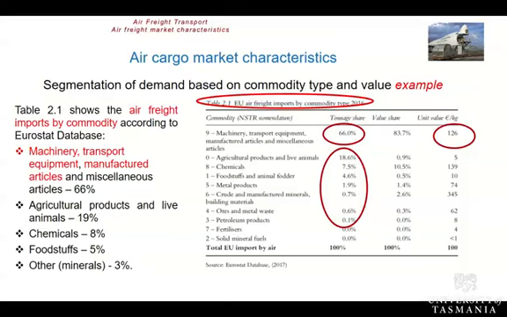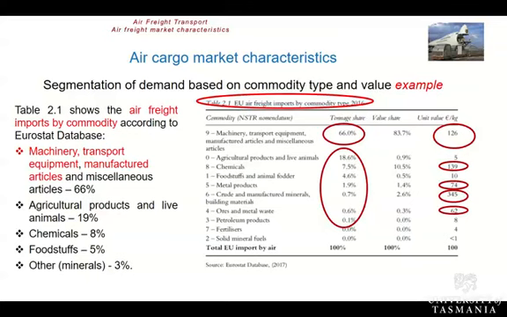If we look at machinery, transport equipment and manufactured articles, it's 126 euros of unit value per kilo. So it's quite high value to weight, and that's consistent with this idea that air cargo should have a high value to weight. As we go through, we can see a lot of these goods are high value to weight, which gives it a big tick or a big plus when we talk about viability for air cargo.